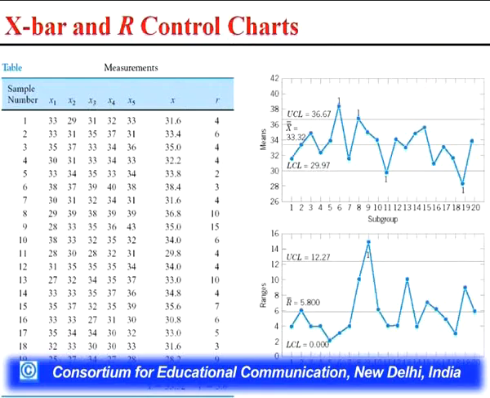So, viewers, today we discussed variation, the meaning of variation, variation in production, and causes of variation. There are two types of causes, assignable causes and random causes, and we are to look for assignable causes in the process. We have to identify the point at which the assignable cause has occurred in the process, and this is detected by the use of control charts.